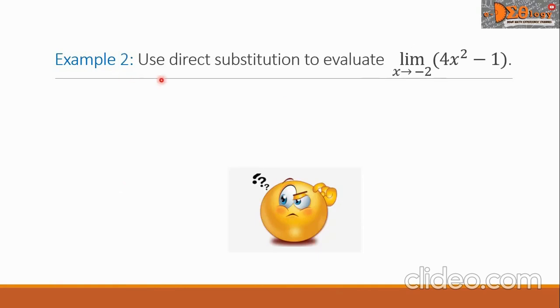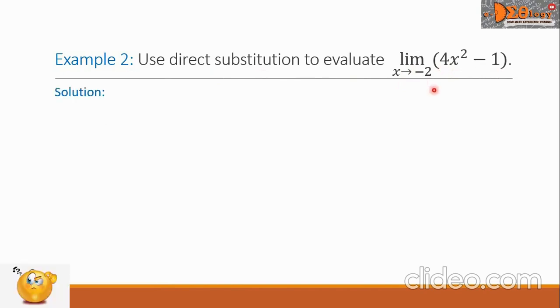Example 2. Use direct substitution to evaluate the limit of the function 4x squared minus 1 as x approaches negative 2. For our solution, let us copy this problem down here, and then let us substitute the value negative 2 to the x here.